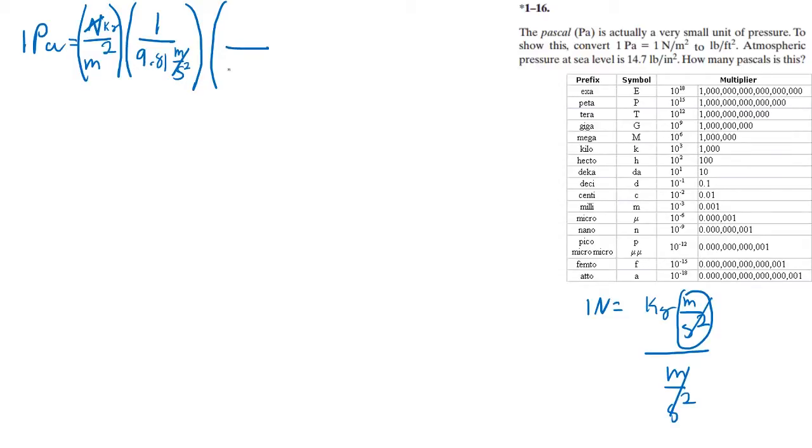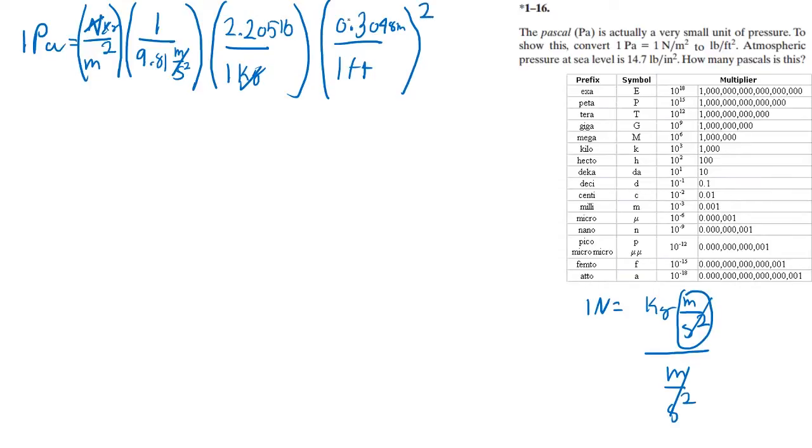So we have our kilogram. 1 kilogram is 2.205 pounds. Our kilograms cancel, and now we already have pounds. This is already so easy. So now we just need our length in feet, which is another super easy conversion. In 1 foot, there are 0.3048 meters.